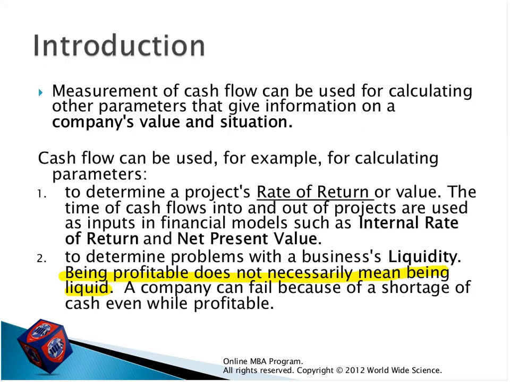This mostly happens with financial institutions like banks. You know, when banks go bankrupt, it is over liquidity. Why? Because they can be called profitable banks, but if they do not have enough cash in their account, their own cash, they could fail and could go bankrupt in the future.